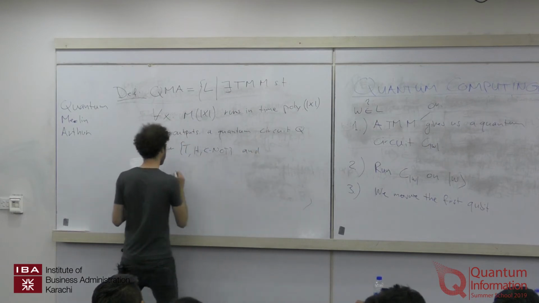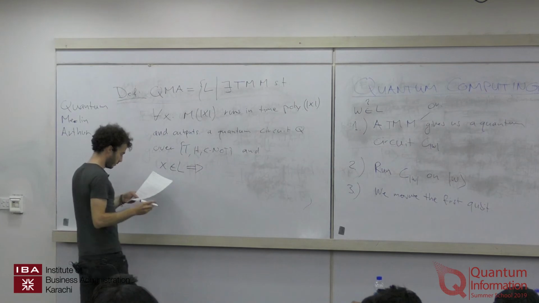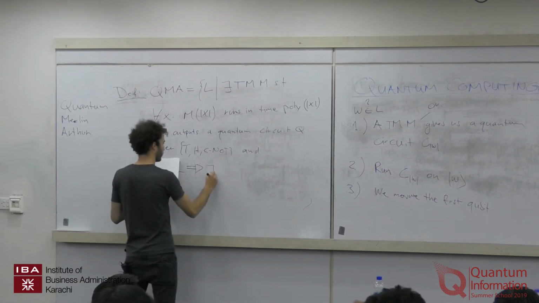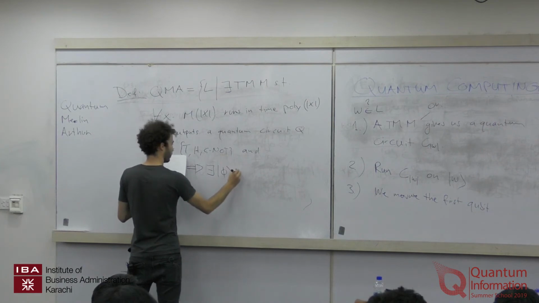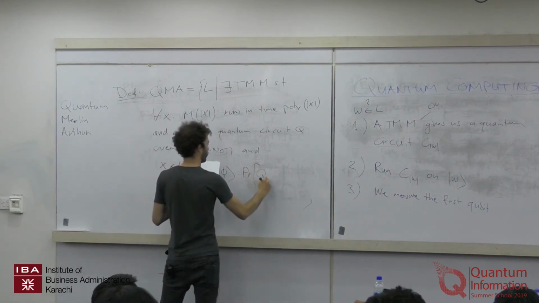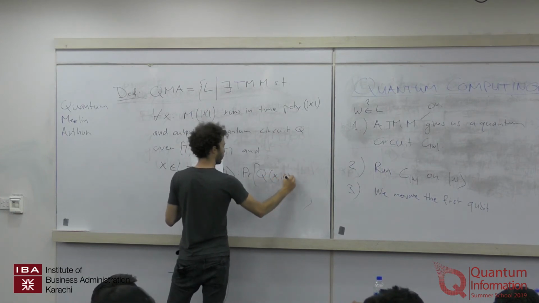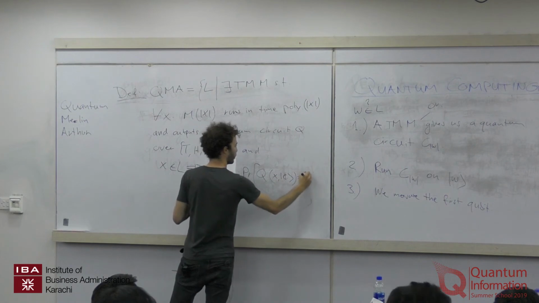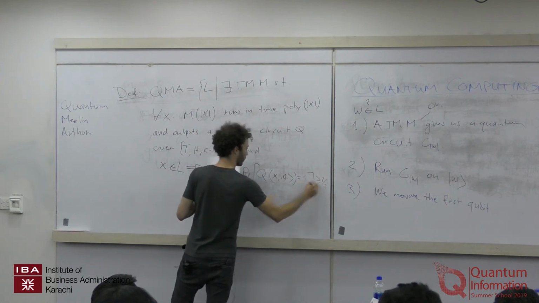And if x is in the language, then there exists a quantum state such that if you run this circuit with x and that quantum state, the probability of getting 1 at the end is larger or equal to 2/3.